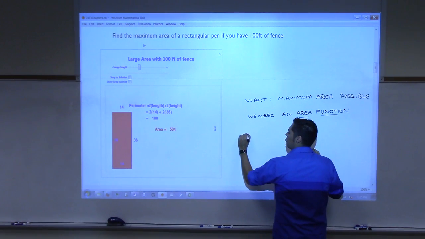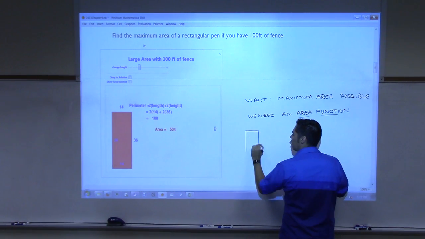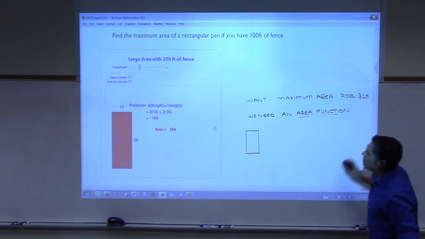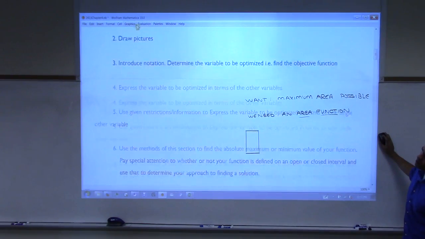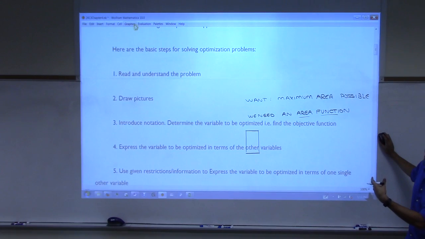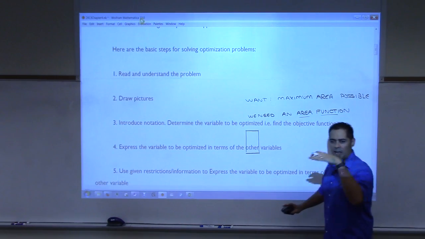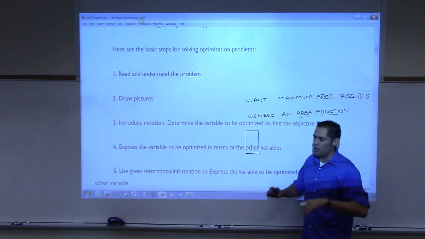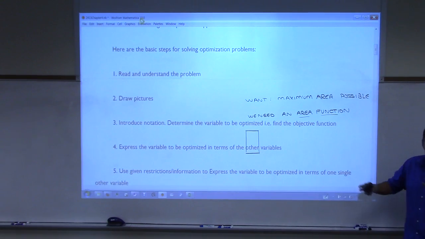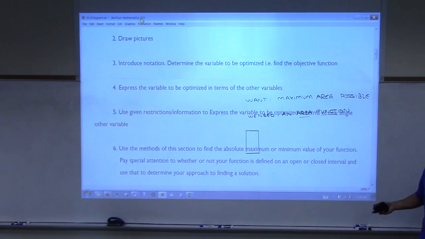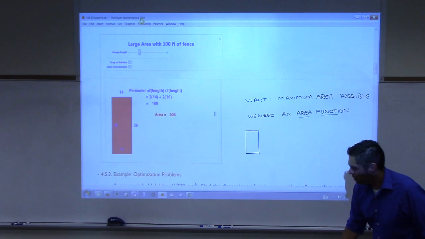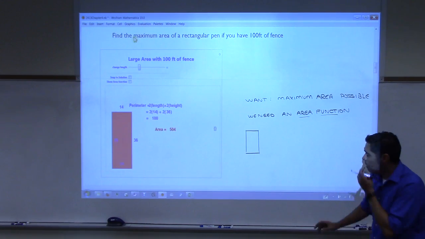So far, I know that if I draw a rectangle, so I'm drawing a picture, and remember in the notes, there are a set of steps that I try to get you to follow here. I'm not going to follow them like, let's do number 1, number 2, number 3, because I want the problem to be a little more dynamic where we're just thinking through it as we go. All right, so we're going to draw a rectangle here. Now, what letters do you want me to use?